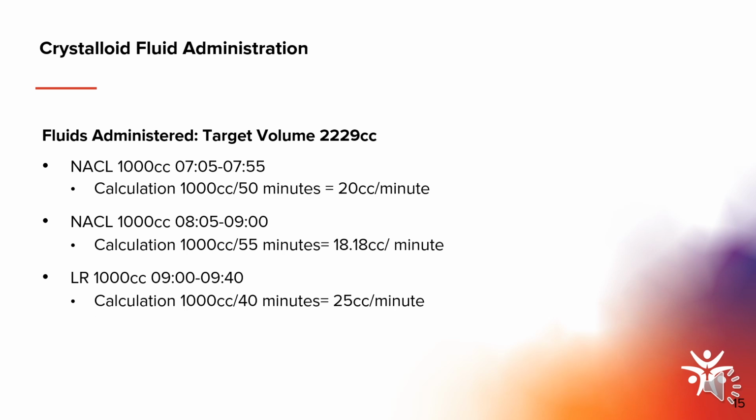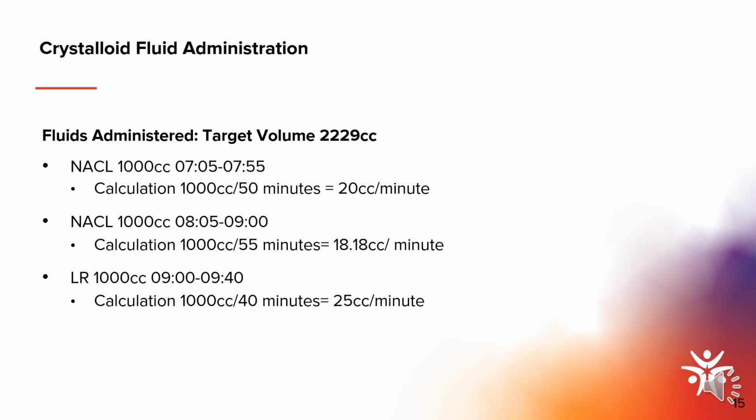This patient needs only 2,229 cc's to meet the target volume needed for the 30 cc's per kilogram requirement. In this case, the fluids were given separately in succession, and 2,000 cc's were complete by 9 o'clock. We only need 229 cc's from that final bag.